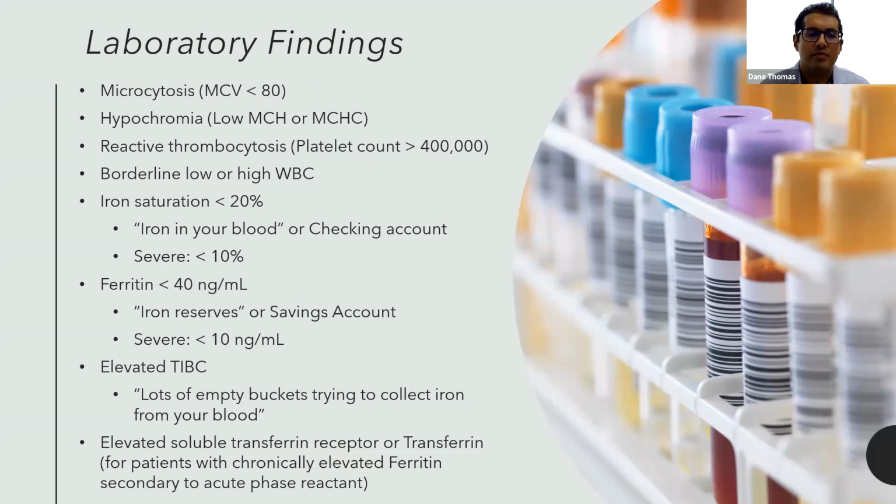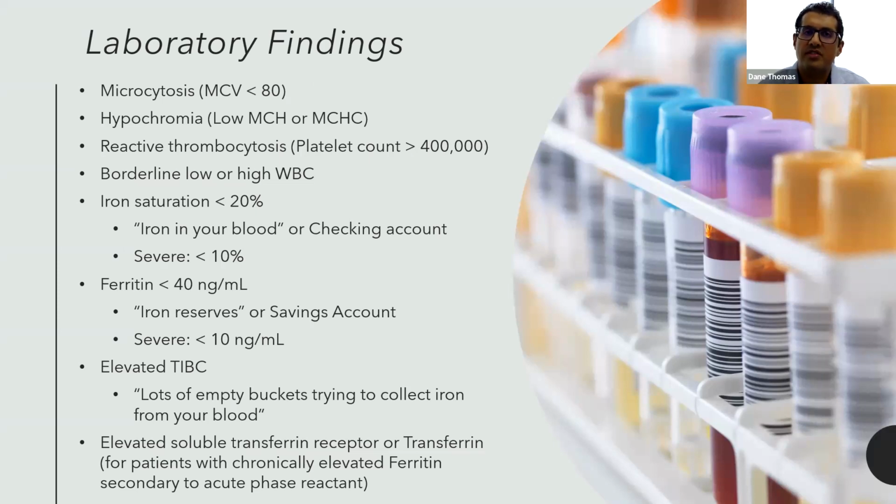TIBC, or total iron binding capacity, is typically elevated in iron deficiency. TIBC is what I like to describe as empty buckets that your body produces to try to collect iron from your blood. When your body senses that it's got plenty of iron, it's making plenty of red blood cells, it doesn't make as many buckets because it doesn't need to collect as many iron molecules.